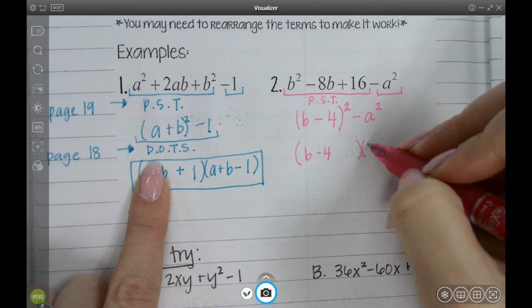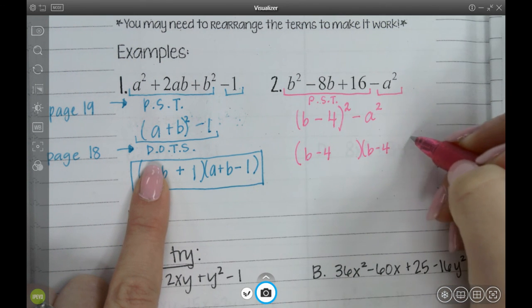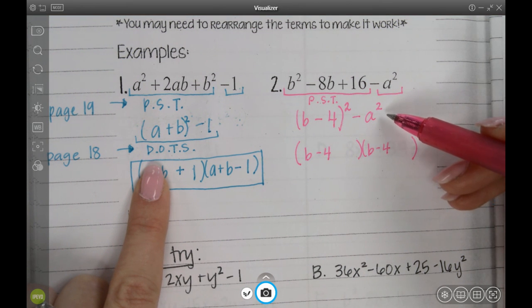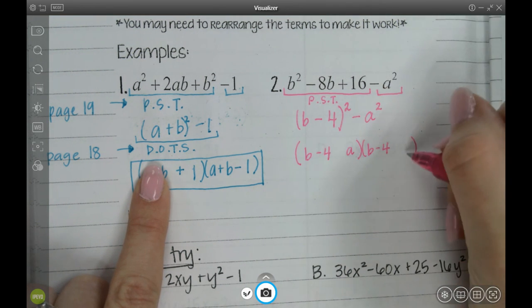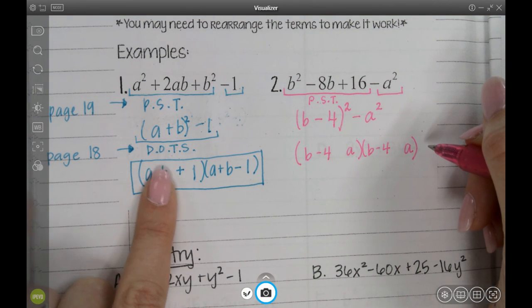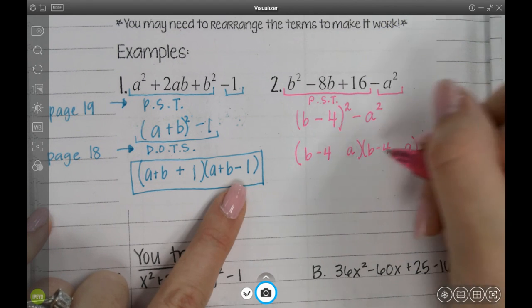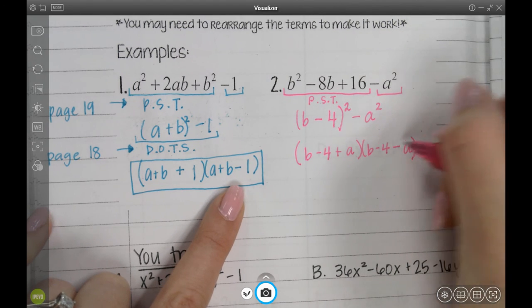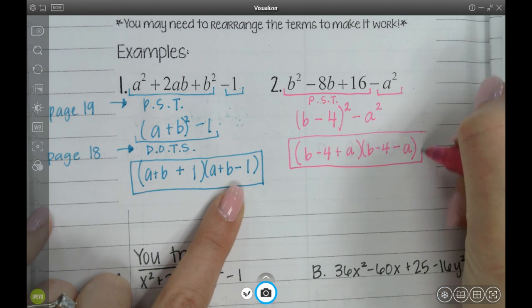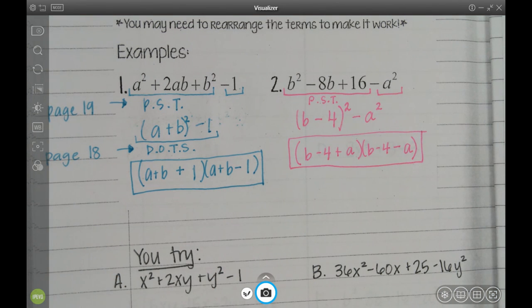And that's what will go first in both sets of parentheses. Take the square root of a squared and get a. That will go last in each set of parentheses. You're going to have 1 plus and 1 minus. Again, one question on the test. Don't panic about those.